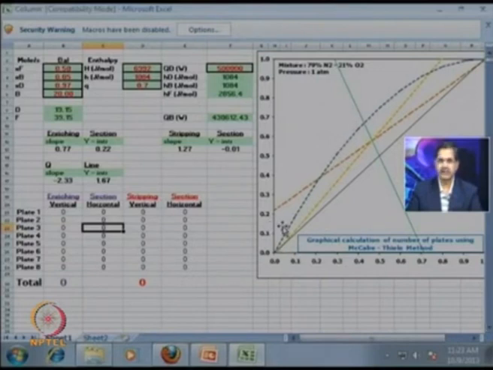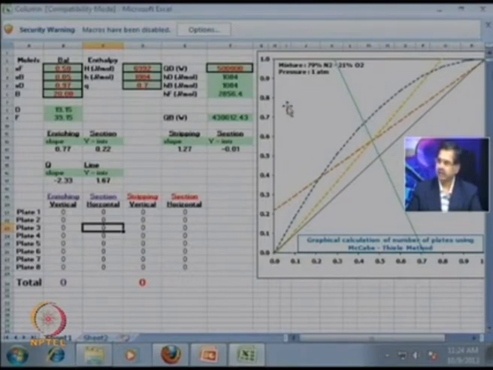So, McCabe-Thiele section now starts with the graphical process. First and most important part is that we have plotted the operating line for the enriching section, the operating line for the stripping section, the feed line or the Q line, and the equilibrium curve.